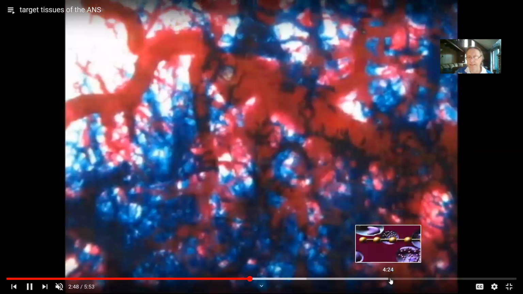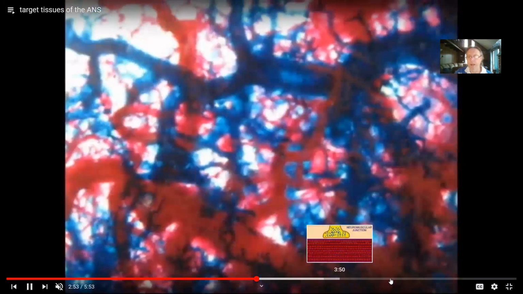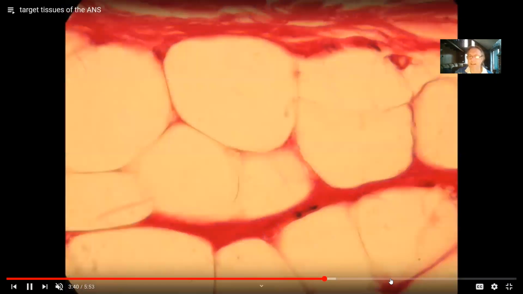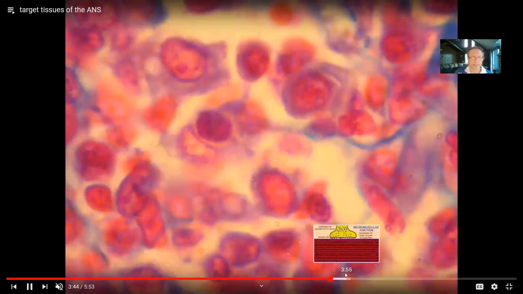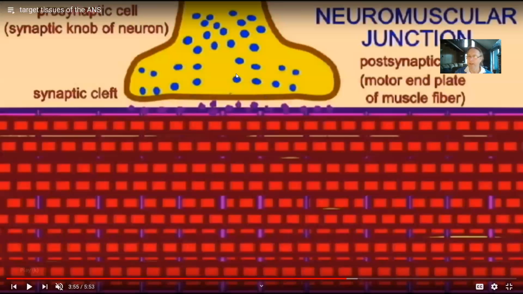So there is a discrete synapse. But we really don't see that to the same degree in adipose and certainly not in immune tissue. Why is that? Well, because here, this is what we think of as a synapse. This synaptic knob is contacting a specific part of the skeletal muscle cell called the motor end plate. It's specialized for this synapse.